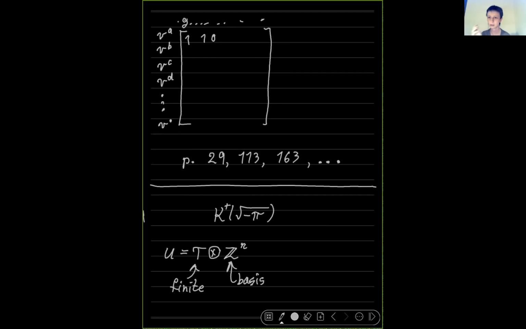Even if you've only got a quadratic field, go back to our friend. This is always our friend. We like this field. It has infinitely many units, but we know what they look like. They're just powers of this guy.